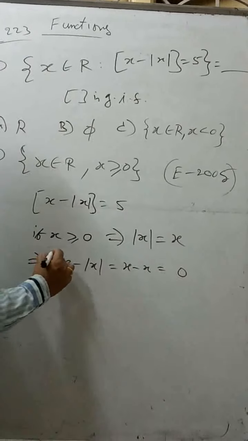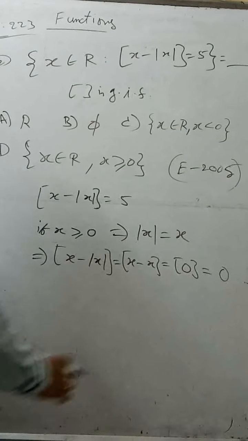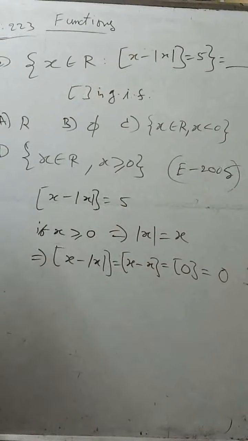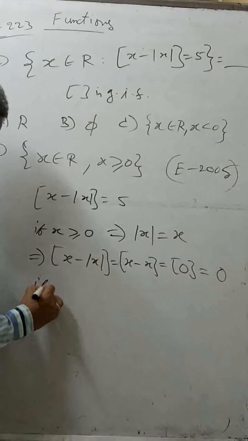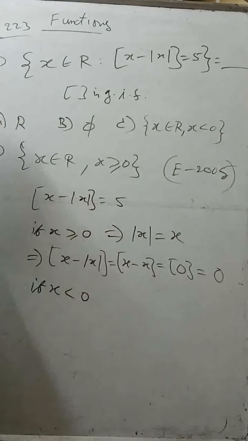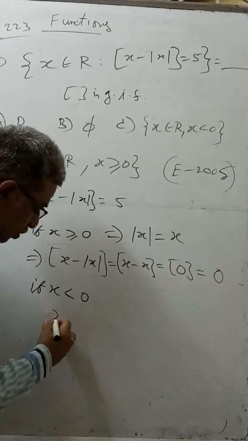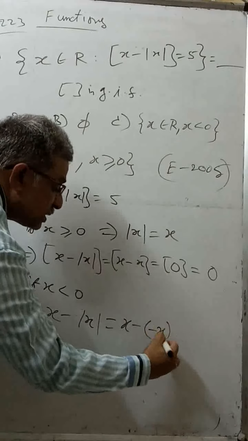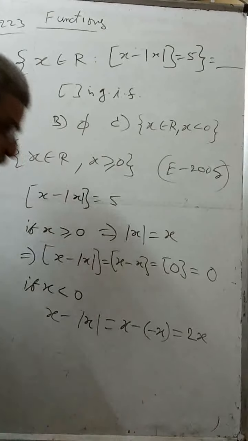Step of 0 is 0 but not 5. Check. If x is less than 0, what happens? We know that mod x is minus x. So x minus mod x equal to x minus of minus x becomes x plus x, 2x.